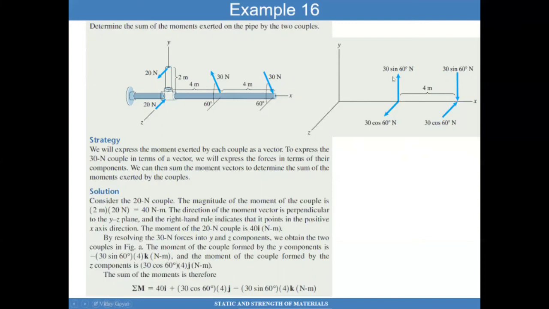And quickly you can see that these two forces are in the opposite direction, these two forces in the opposite direction. And so it's simply taking this force magnitude times their distance of 4 meters, these ones as well times 4 meters, and then this 20 and 20 times 2 meters. And you can quickly put that in vectorial notation and proceed forward.